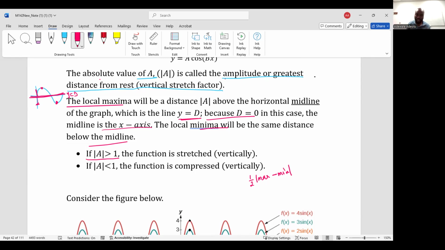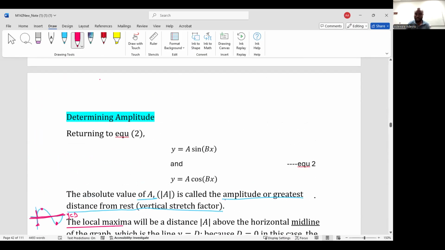And when it is less than 1, the function is compressed. For example, in the example I gave you for x squared, if I have 1 half, compared to x squared, this guy will be half of it.